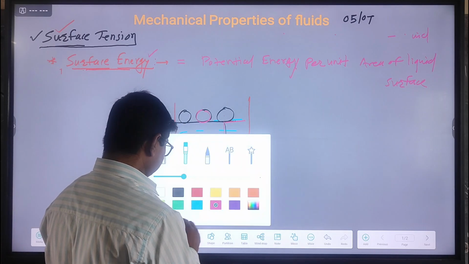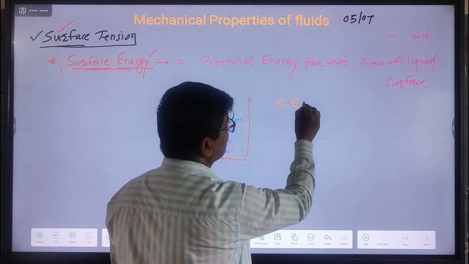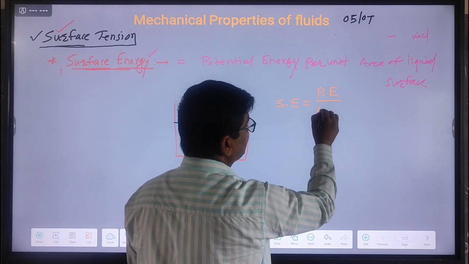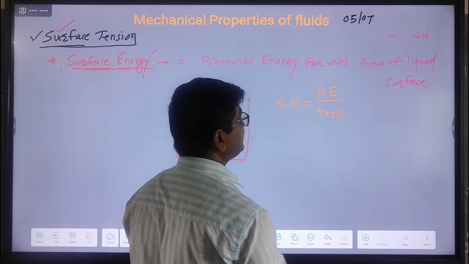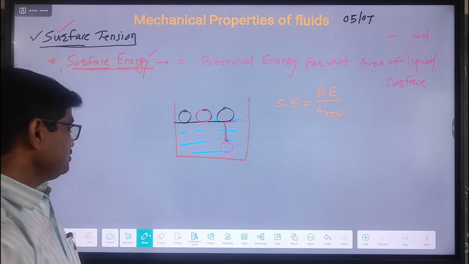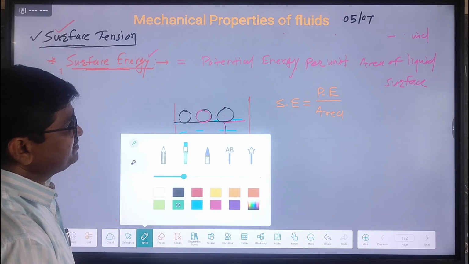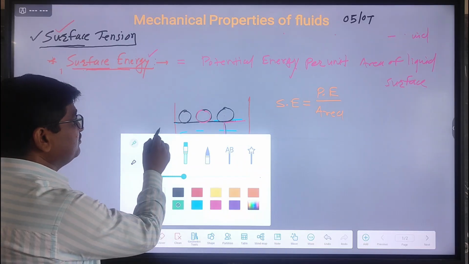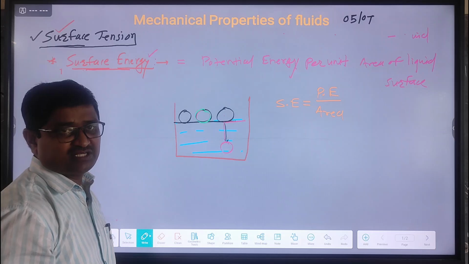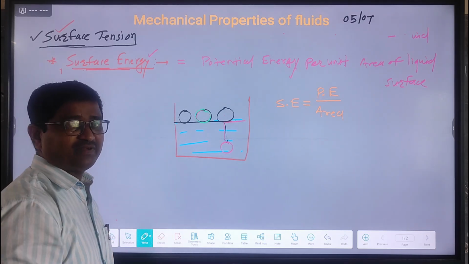It means the surface energy is equal to potential energy per unit area. But actually we know what is meant by potential energy: when the molecules are performing work against the gravitational force, they have a maximum amount of energy.